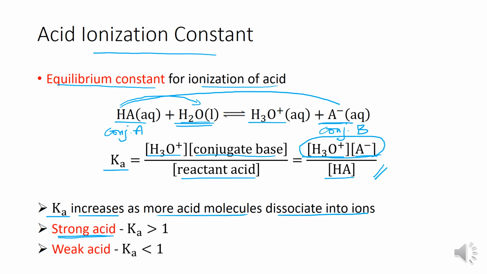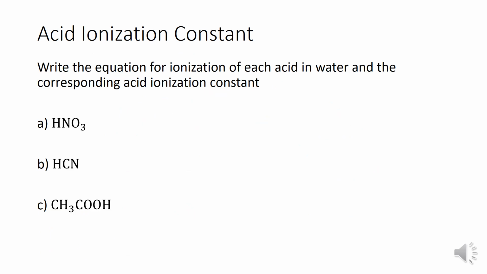Therefore, for such acids, Ka, or the acid ionization constant, is greater than 1, whereas for weak acids, the acid ionization constant is less than 1. In this exercise, we have to write the chemical equation for the ionization of each given acid in water and the corresponding expression for the acid ionization constant.